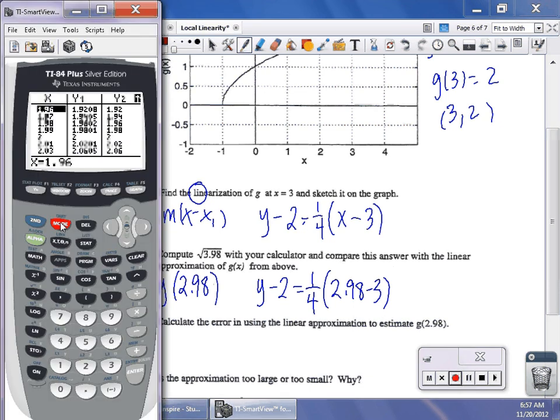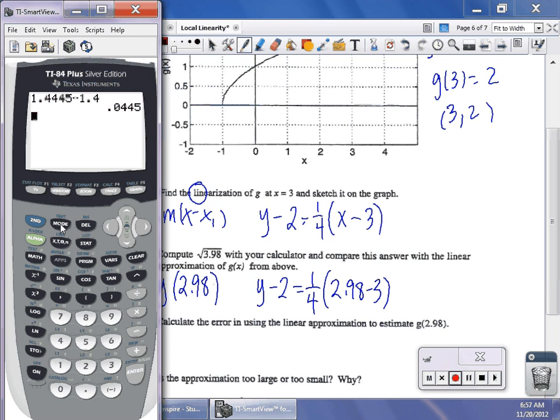So let's see what we have here. 2.98 minus 3, divided by 4, plus 2.